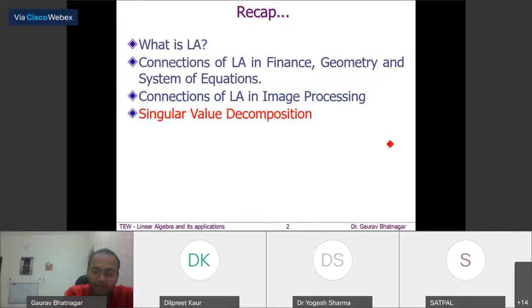So today we are going to discuss and try to witness the importance of singular value decomposition mathematically as well as from the applications point of view as well. So let us start the journey of today's lecture, towards the goal to explore the singular value decomposition.